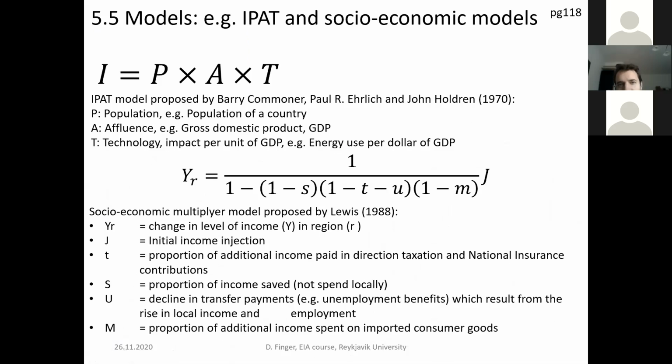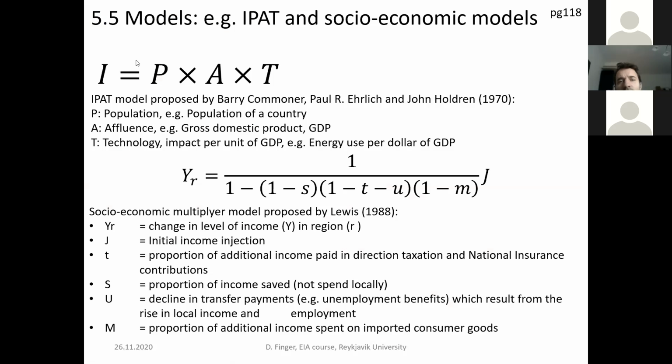We also looked at the IPAT equation. I think we mentioned it already, but the IPAT equation was probably one of the very first environmental models developed. It's in principle simply the multiplication of the population times the affluence times the technology, which can estimate the impact of a society on the environment.